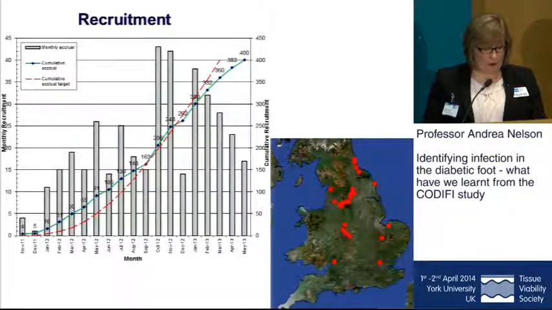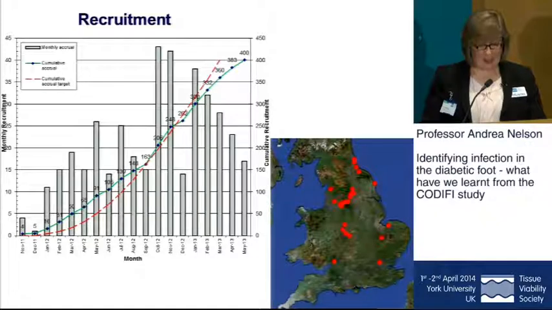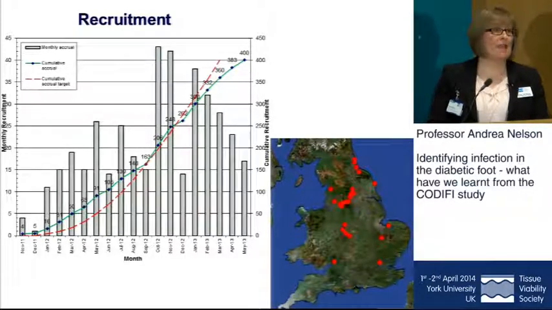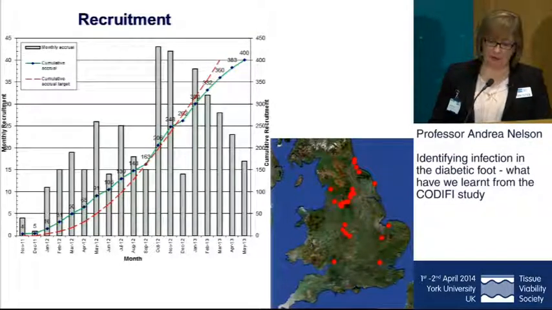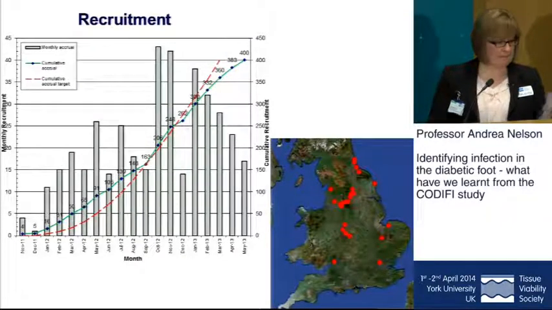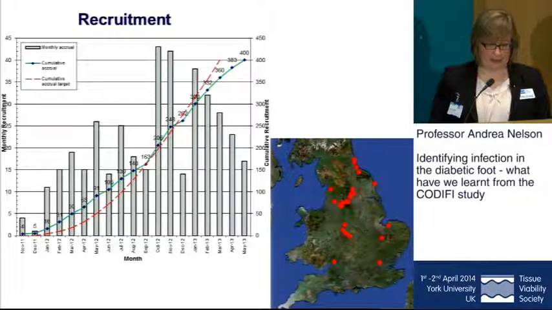So over a period of 19 months across these 25 centres in England, each represented by a red blob. Thank you if you were a red blob. You were one of our recruiting sites that allowed us to recruit our target sample of 400 patients in probably just 2 months over our target time.